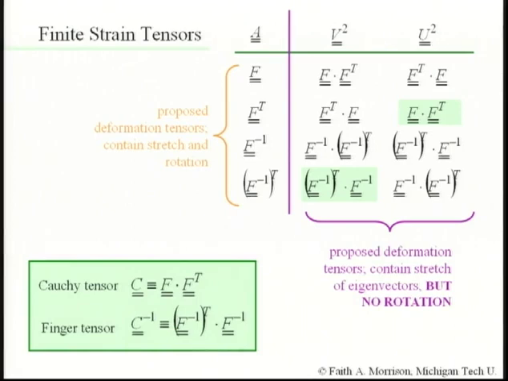These are called the Cauchy tensor, C, and the Finger tensor, C inverse, and they are in fact inverses of each other, which we could show. The key thing about these is that they contain stretch, but no rotation.